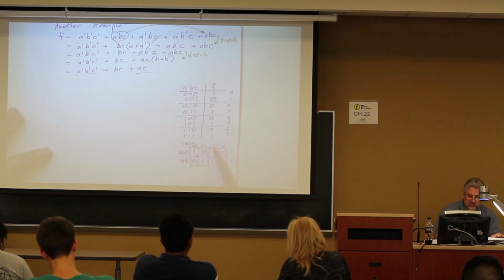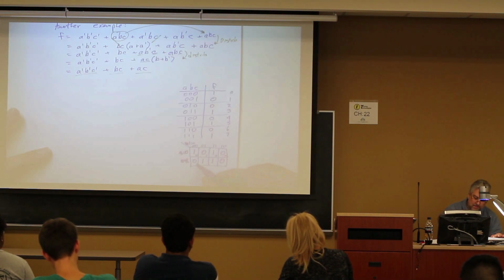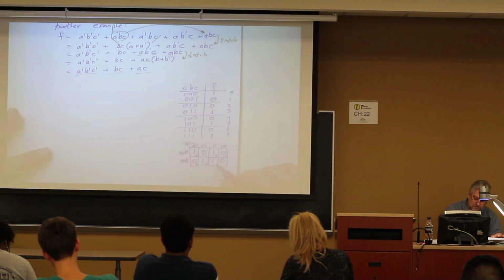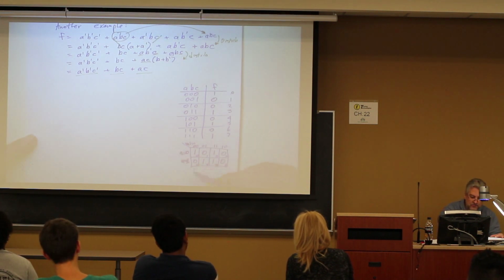At this point, we're changing the B bit. At this point, we're keeping the C bit there. And then in this column, we're changing the C bit. So this truth table is just represented by this K map here.